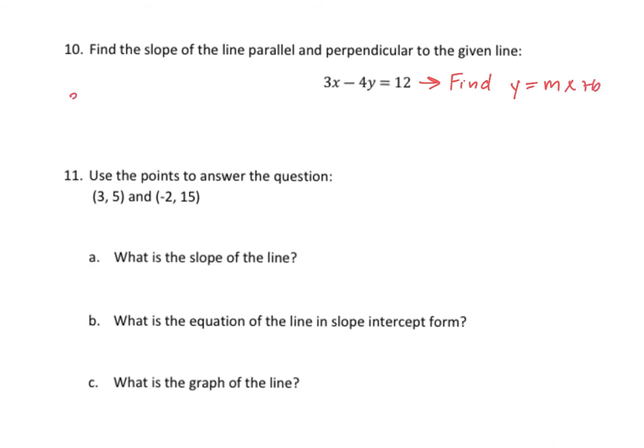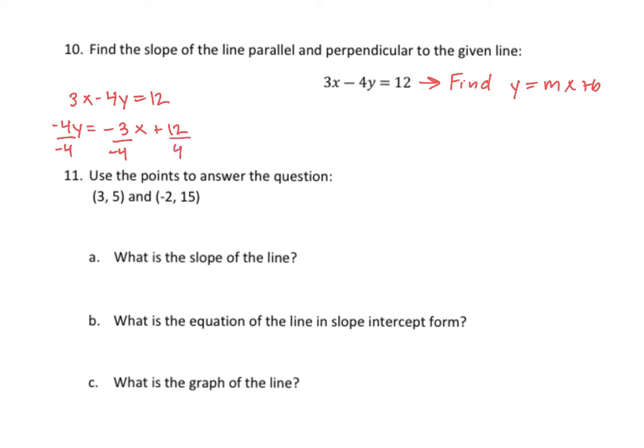So I'm going to take this 3x minus 4y equals 12, and I'm going to subtract the 3x over. So that's negative 4y equals negative 3x plus 12. And then I'm going to divide everything in my equation by negative 4.